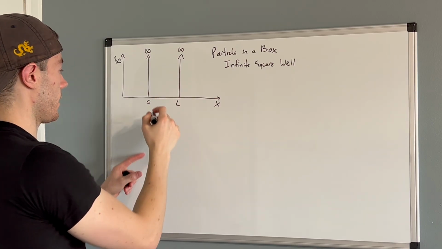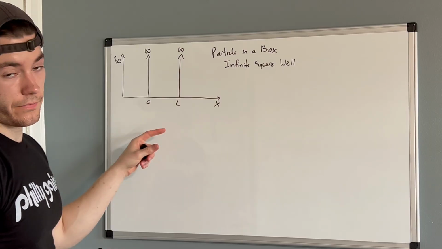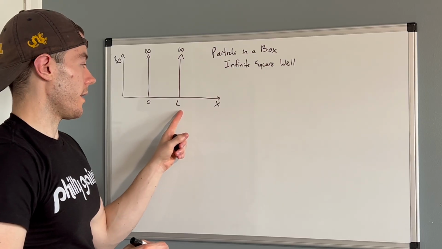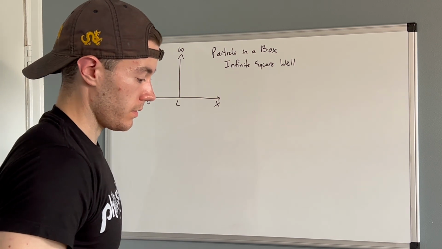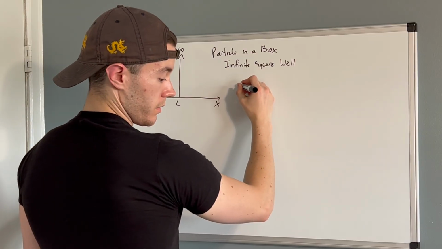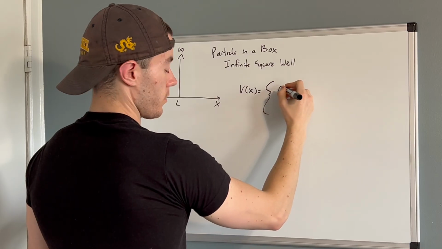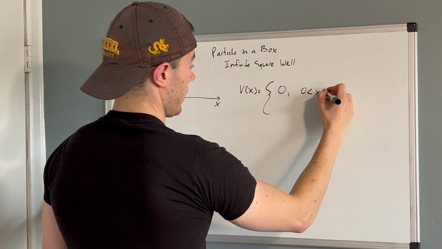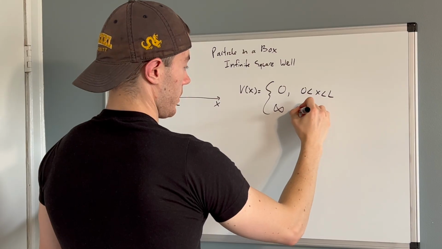Okay, let's define the origin of the space coordinate to be at the left side of the box, and the right side is at a distance away, L. So the total width of the box is L. And then to be explicit, the potential as a function of x is equal to 0 between 0 and L, and it's infinite elsewhere.